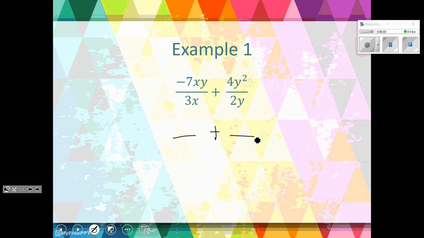So I'm going to draw what my new fractions are going to be, and I can't just magically change. If I'm going to change 2y to a common denominator, I can't just bring it down and change it. I've got to multiply by something on both sides to change it. So that's what I mean by draw your blanks. Every problem will look like that. Set it up, draw your blanks.